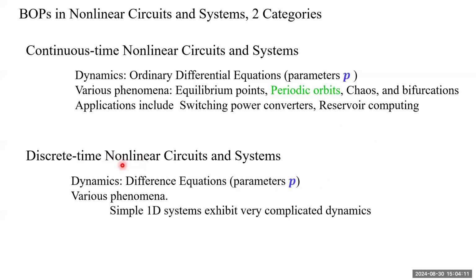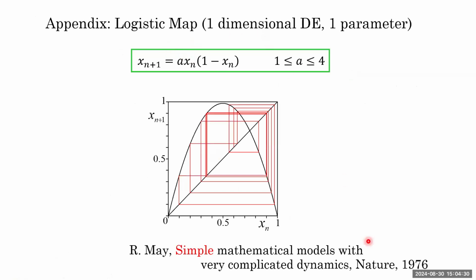In a discrete time system, dynamics is described by a difference equation, and it exhibits various phenomena. Even in a simple one-dimensional system, the system exhibits very complicated dynamics. Then we explain the famous example, the logistic map, published in Nature in '76.